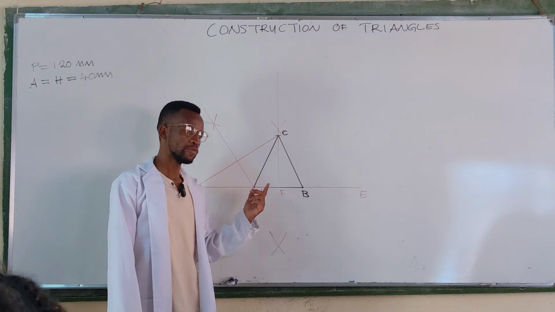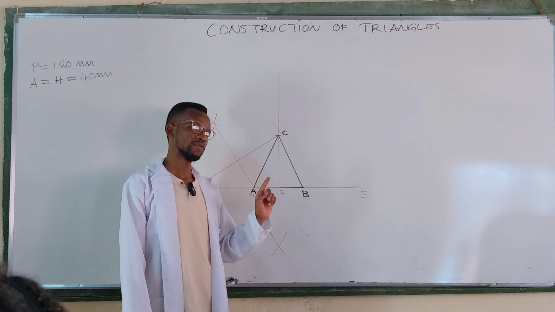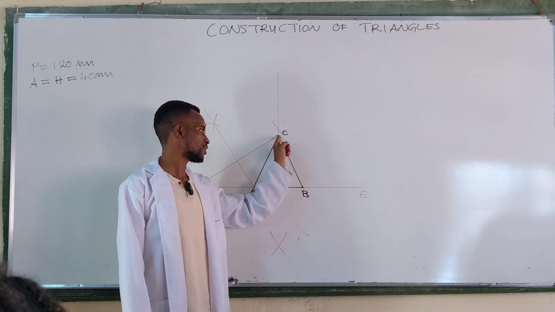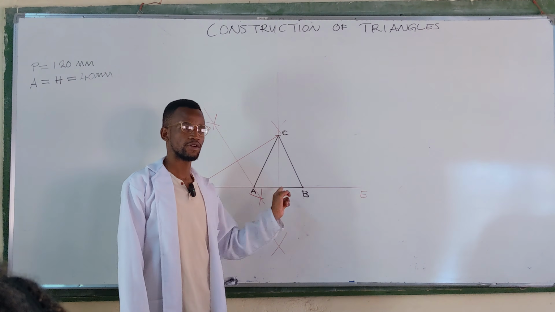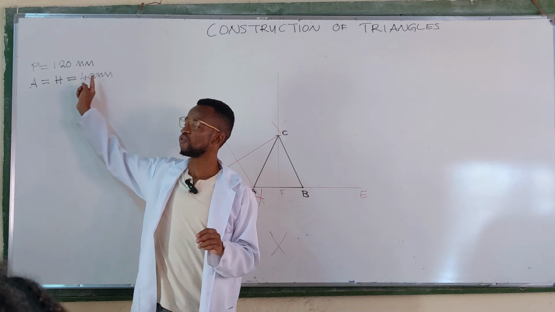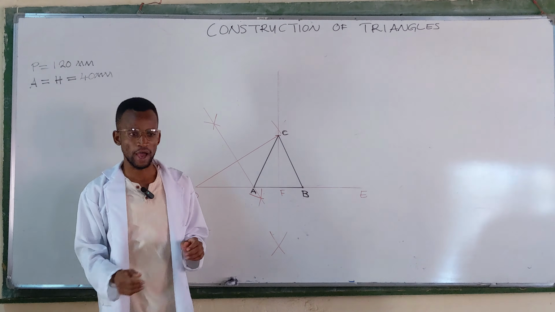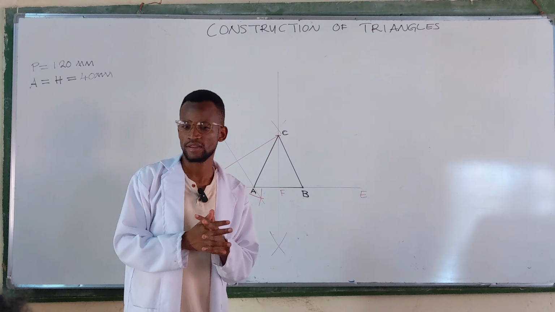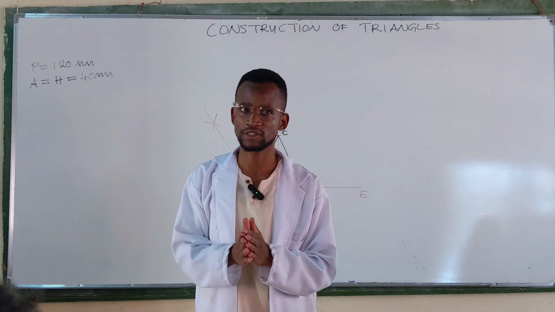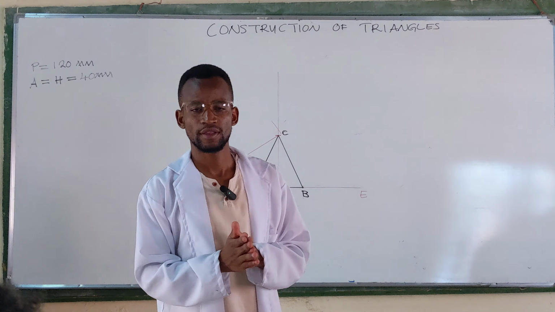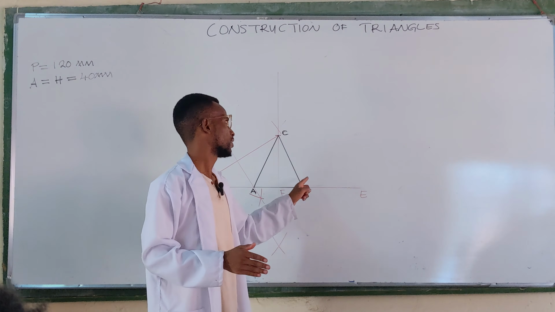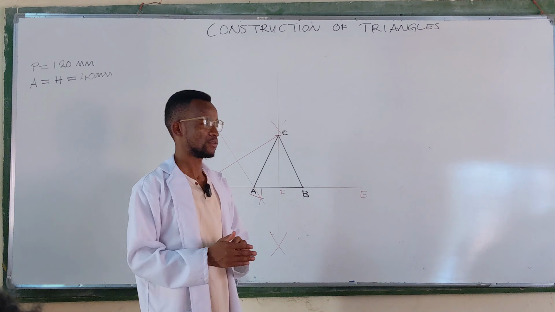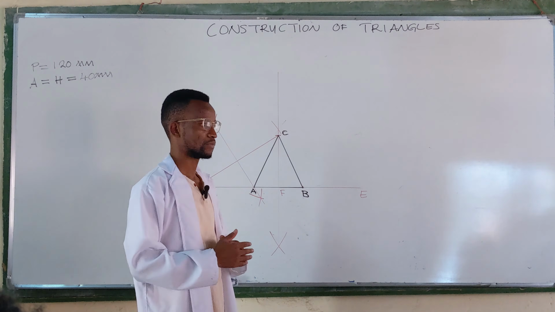So if we measure the distance AB, BC, and CA, the total distance around this triangle should give you 120. So can you measure and give me the length of those sides? The distance AB plus BC plus CA.